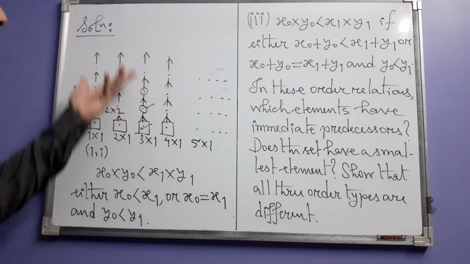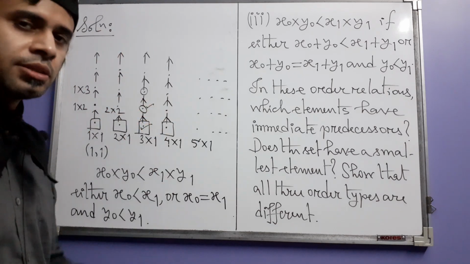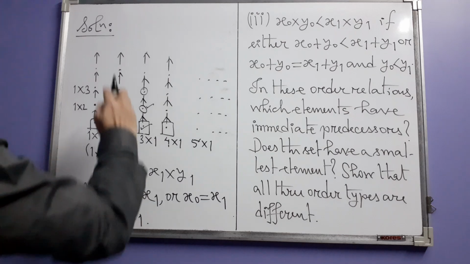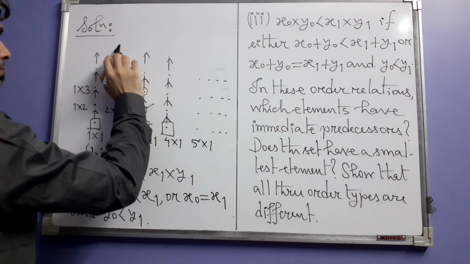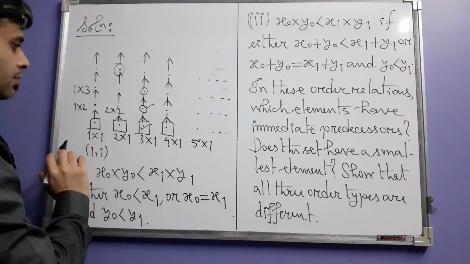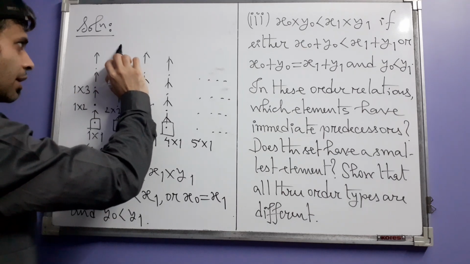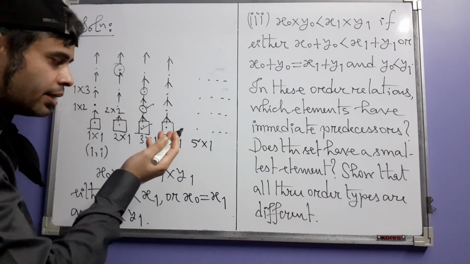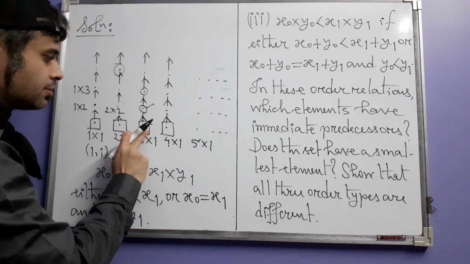But which one of them will you choose as the immediate predecessor of this? Anything you choose on this, say you choose this one, there is another one which is higher than that and still it's less than this.